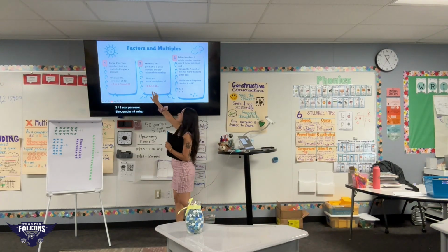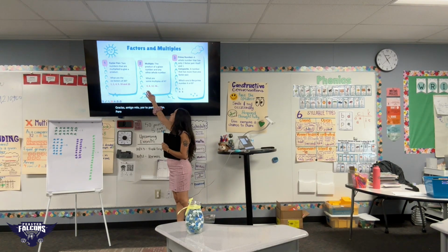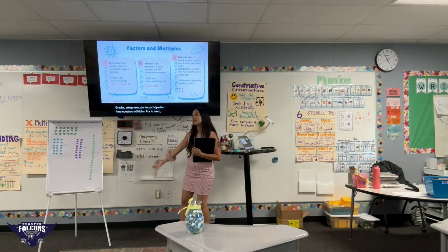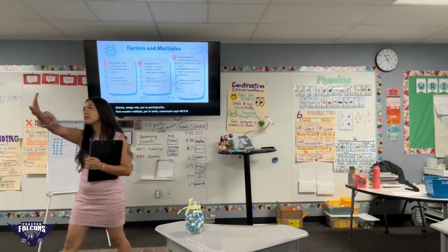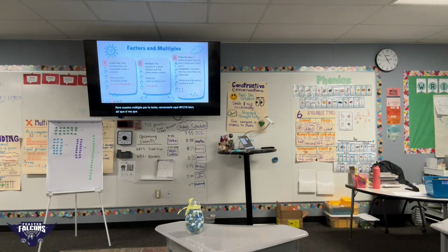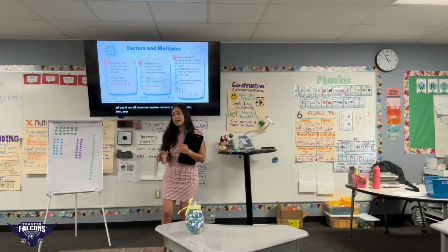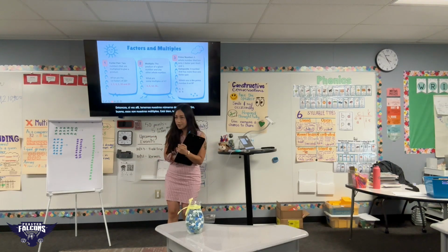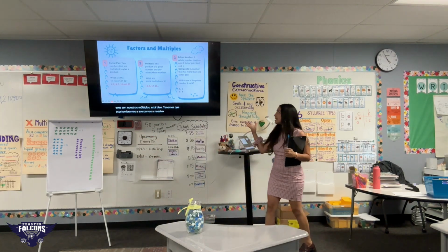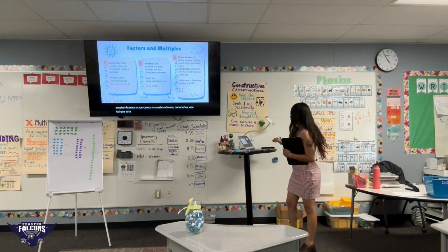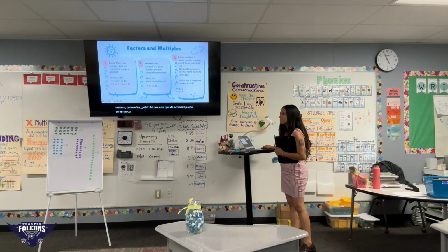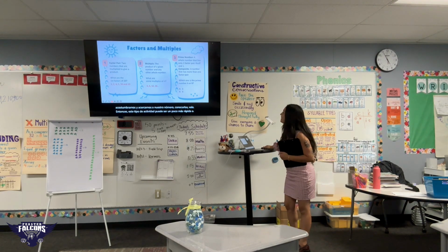But our multiples of 4 would begin here. 4, 8, 12, 16. Okay, so if you see back there, we have our multiplication numbers. Those are our multiples. We have to get used to and get close to our numbers, get to know them. So this kind of activity can be a little bit faster.